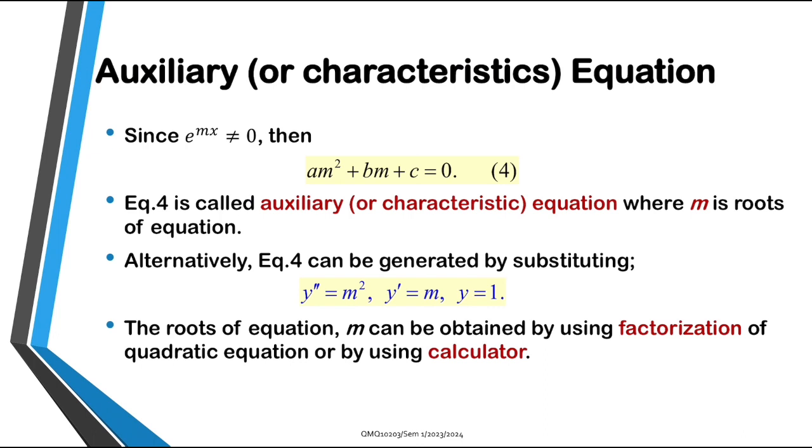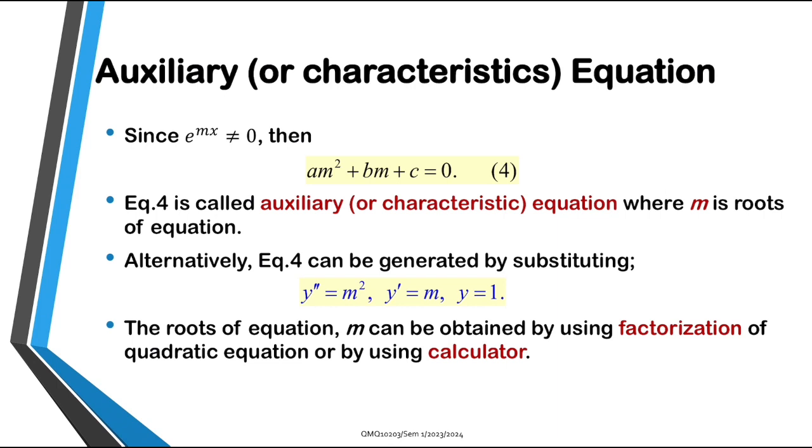Alternatively, equation 4 can be generated by substituting y double prime equals m squared, y prime equals m, and y equals 1. So you can directly change equation 2 to equation 4 using this substitution.